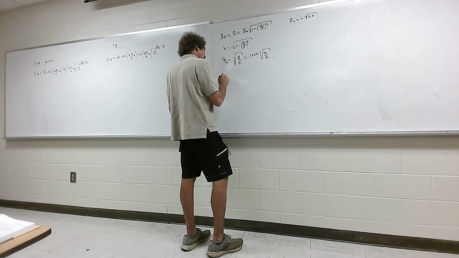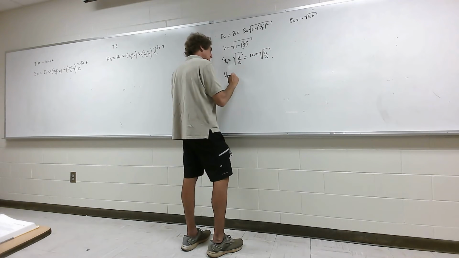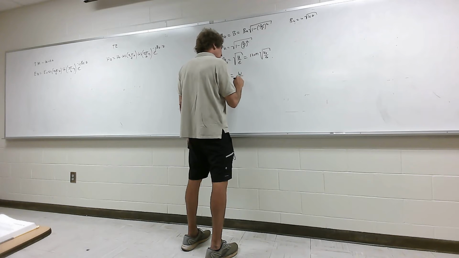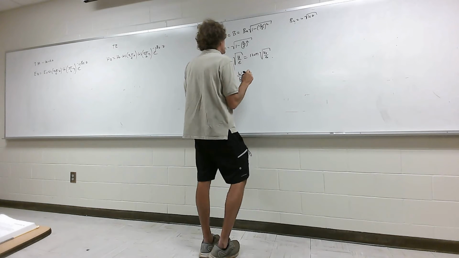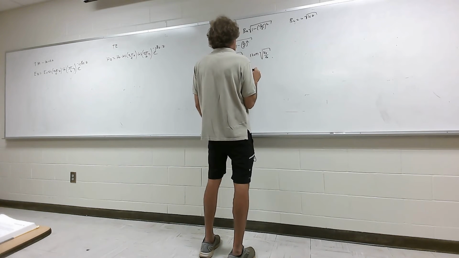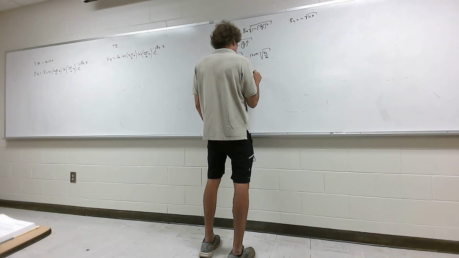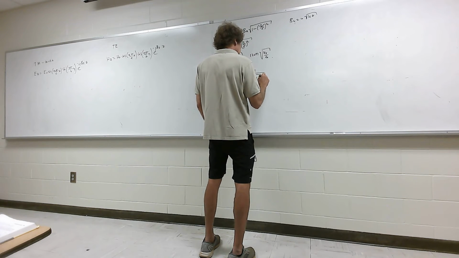When we talk about phase velocity inside the guide, it's omega over beta, and that's really going to be equal to one over the square root of mu epsilon, divided by k.